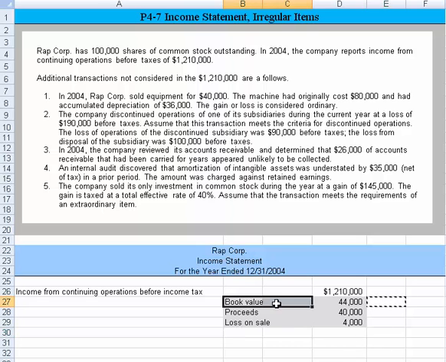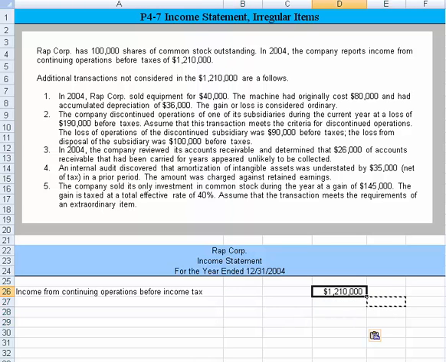I'm going to erase all of that. You guys all follow that, I'm sure. Oh, here, let me underline this. Book value less proceeds means the loss because the proceeds were less than the book value. All right. With that, we know that that's an ordinary amount, so we need to subtract out that $4,000 loss to come up with income from continuing operations of $1,206,000, and that's before tax.